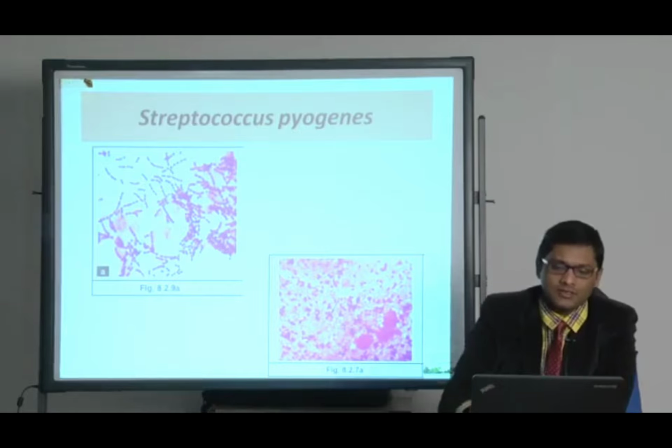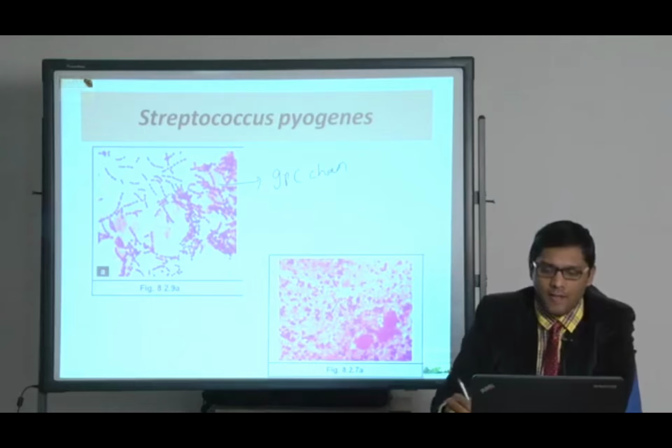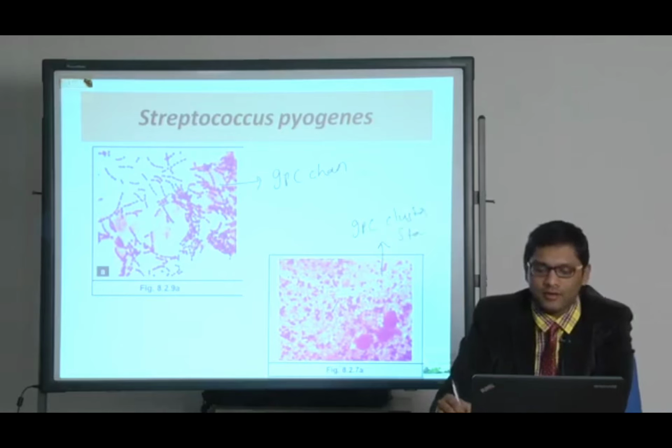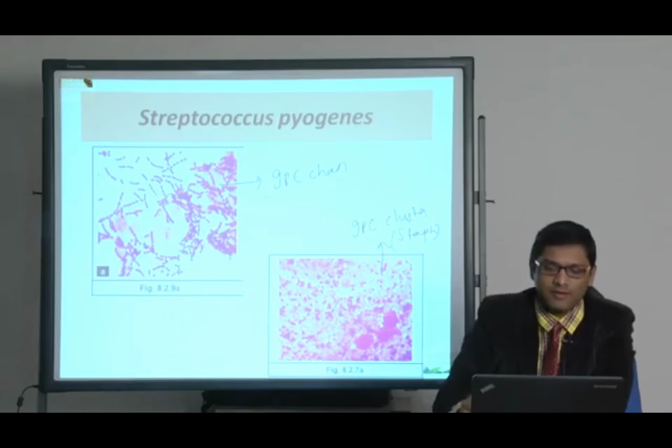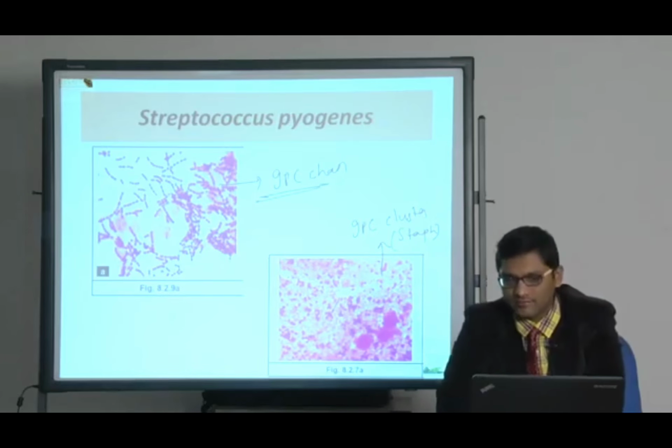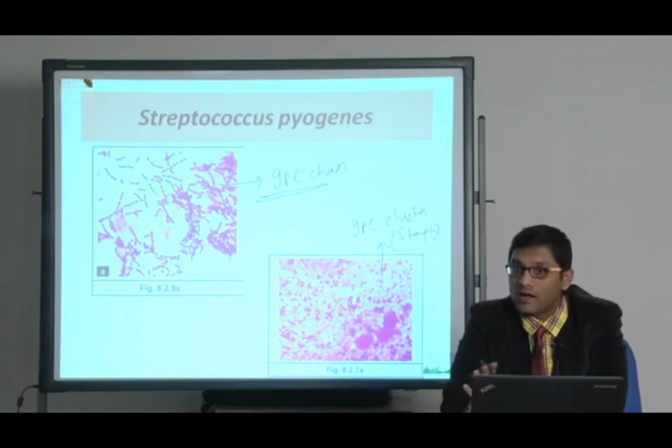Coming to Streptococcus pyogenes, gram stain will be gram positive cocci in chain. I have also kept the Staphylococcus gram stain so that you can easily differentiate. Staph will be gram positive cocci in cluster, whereas Strep will be gram positive cocci in chain.